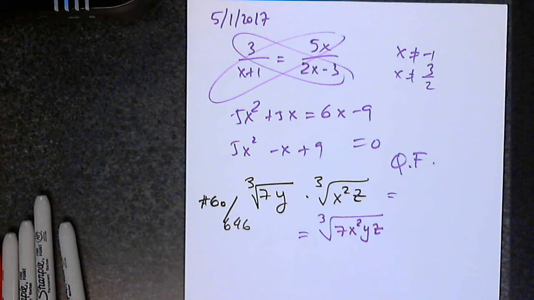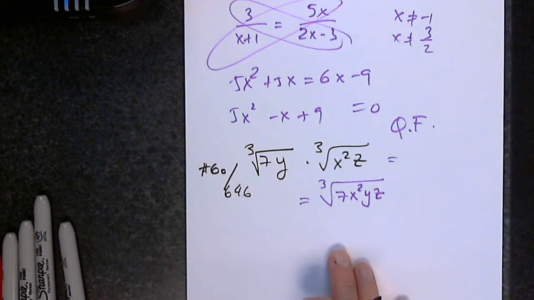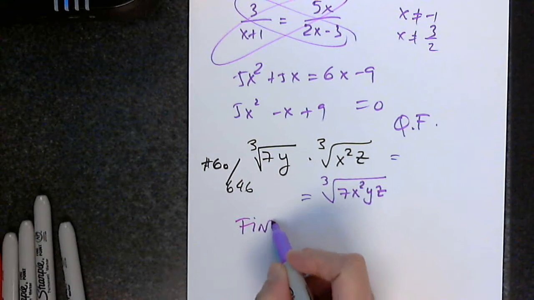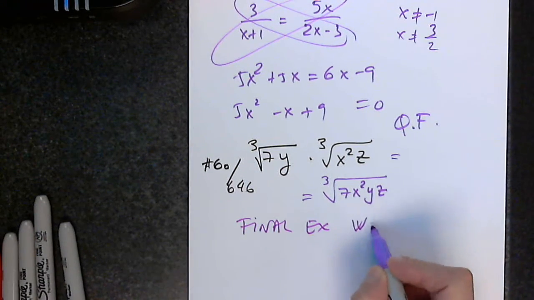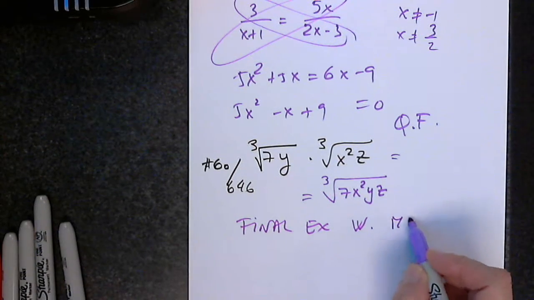Before I forget, let me turn my phone off and also look at my final exam schedule, because I took a picture of it so I don't forget it. Okay, so our final exam is on Wednesday next week, which is May the 10th.